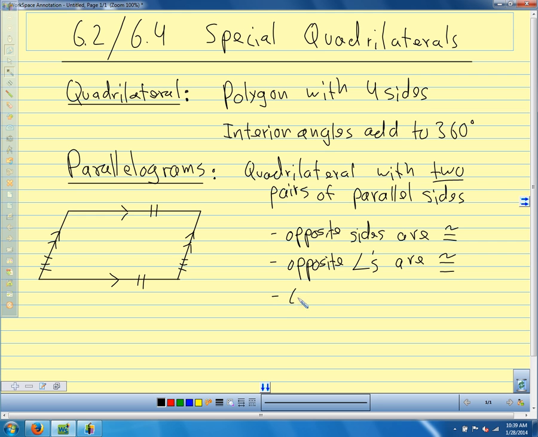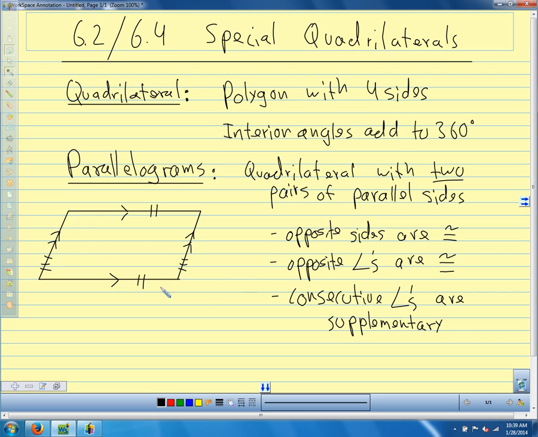Consecutive angles are, thank you, supplementary. Consecutive just means 2 in a row along the side. And supplementary means what? Add to 180.